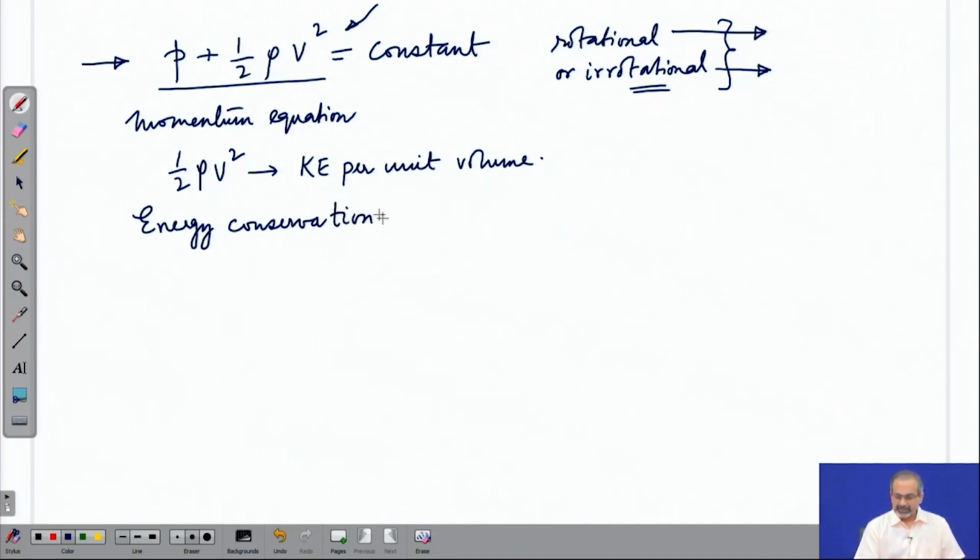So, if that is the case, how do we interpret it? We interpret it this way, that the pressure forces have acted on the fluid element and it has caused a change in the kinetic energy of the flow.